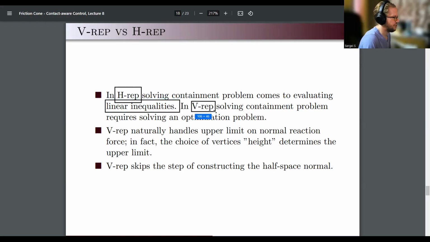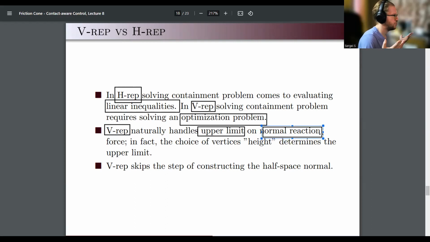V representation is equivalent to solving an optimization problem, much harder to evaluate. V representation naturally includes upper limits on normal reaction force, because you choose V1, V2, V3, etc. They can represent the upper limit. It depends on the height of those vertices.